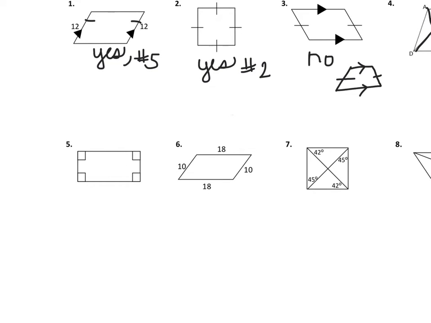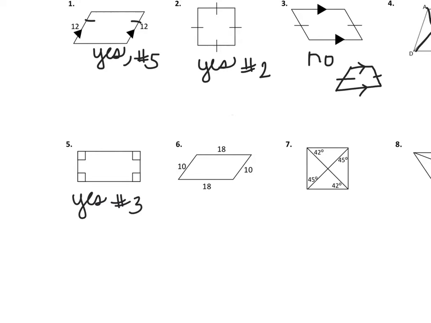We have opposite sides. Well, actually, we have all angles are congruent. So that means that the opposite angles are congruent. So this one is a parallelogram because of our third rule that says if both pairs of opposite angles are congruent, then it's a parallelogram. All right, now let's look at number 6.